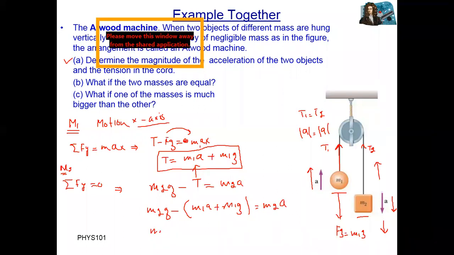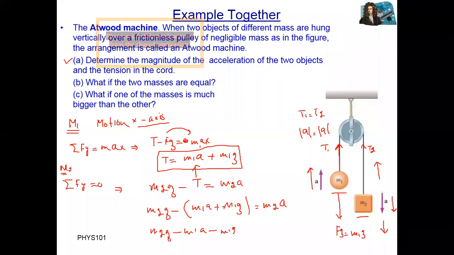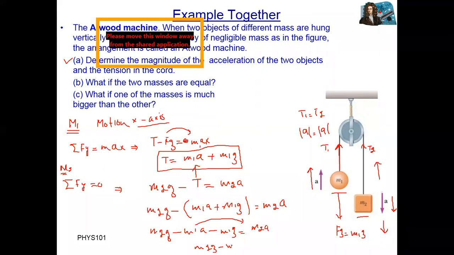When you arrange this, the minus multiplies with both terms: m2g minus m1a minus m1g on one side, and m2a on the other. If you transfer m1a to the other side, we have m2g minus m1g equal to m2a plus m1a.